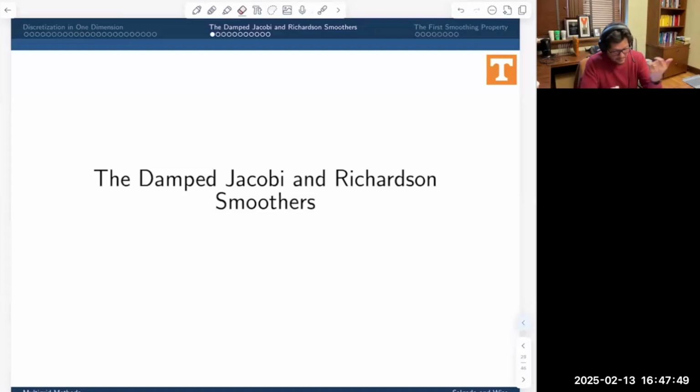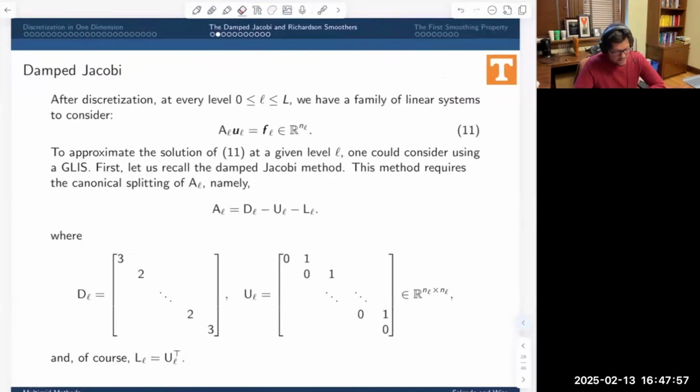Okay, so damp Jacobi, Richardson smoother, Gauss-Seidel, what can we say about those in the context of cell-centered methods? Well, we're not going to say much, if anything at all, about the Gauss-Seidel smoothers, but let's say a little bit about damp Jacobi and the Richardson smoother. So after discretization of our PDE, or I guess our boundary value problem in this case, we get this matrix problem on every level that we want to consider, right?